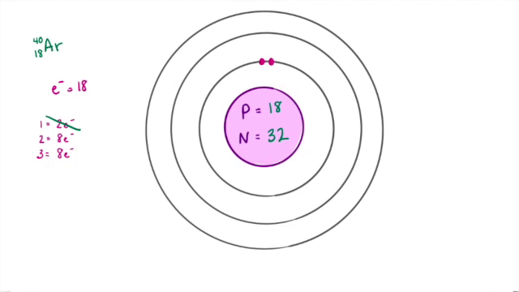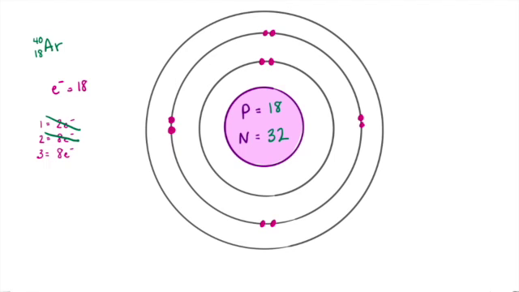Okay, so I have 2 electrons already, and I'm going to put 1, 2, 3, 4. Okay, now I'm going to cycle back around, pairing them up. 5, 6, 7, and 8. So that one is now full. I can no longer put any more electrons in that level.